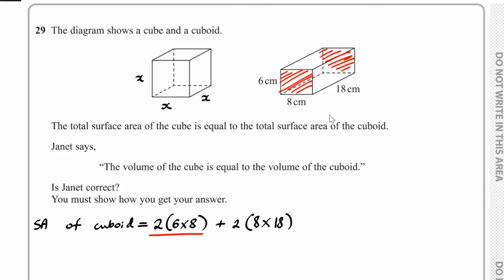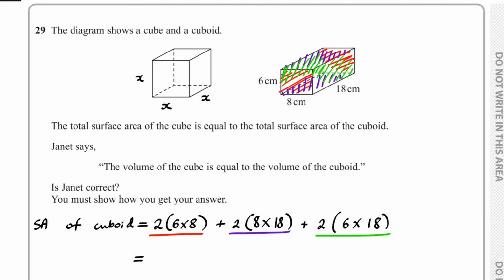So this over here would give this bottom shape plus this top shape. And then also we've got 2 lots of 6 times 18. So that gives this side face here, and also this front side face here.